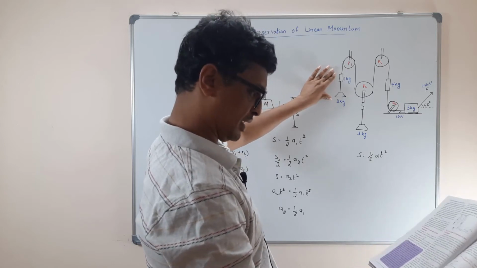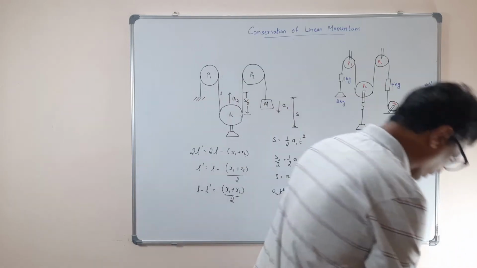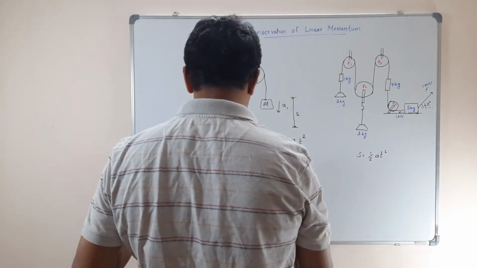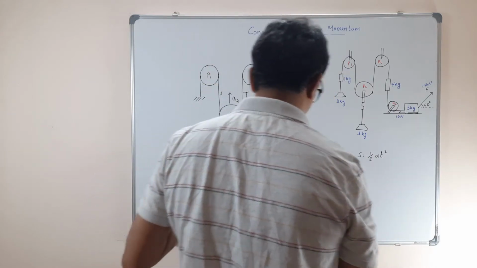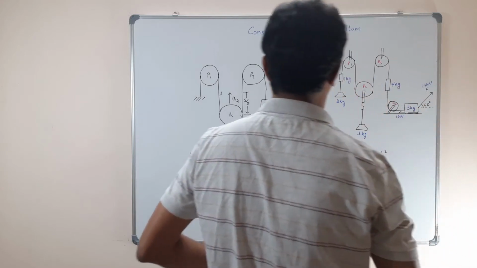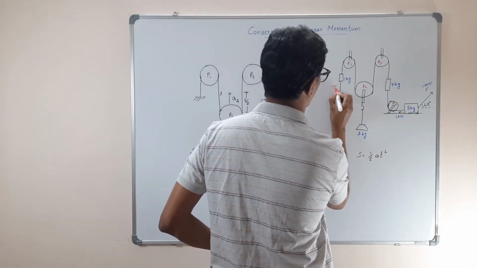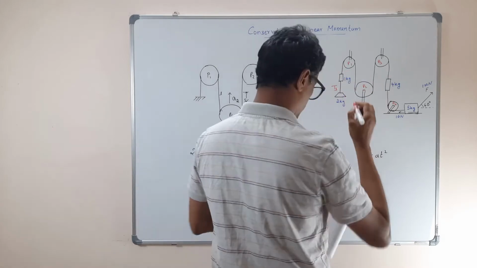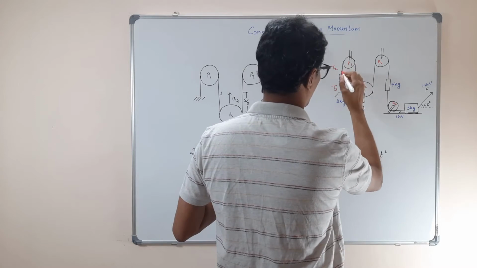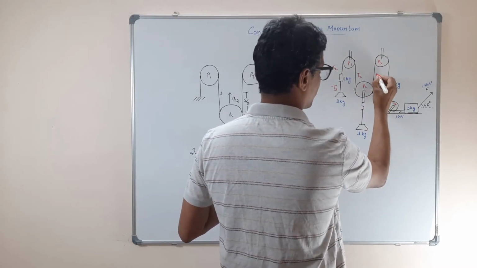Except for knowing the tension T3. Yes, they have written the tension also. Let me note down the tensions. So this is T3, this is T2, this also, the same tension is coming here, T2, and here also same mass and same tension.